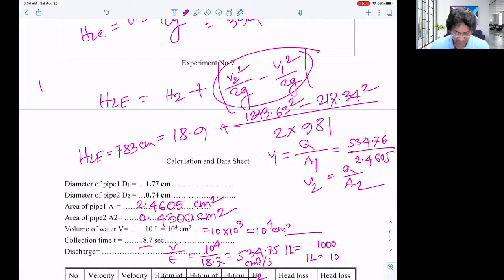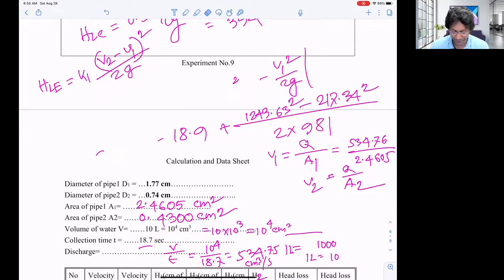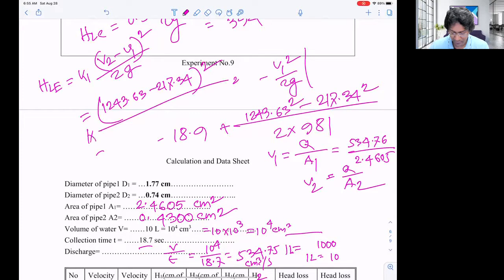But if we use that formula, that's why they are not going to use that difference. From the experiment, people are using that K1 and V2 minus V1, and then they're taking the squared and then 2G. So we'll use the same formula where K1 is 1. So we'll have 124 3.63 minus 217.34, then it is squared because we have 1 for K1, and 2 is multiplied by 981.